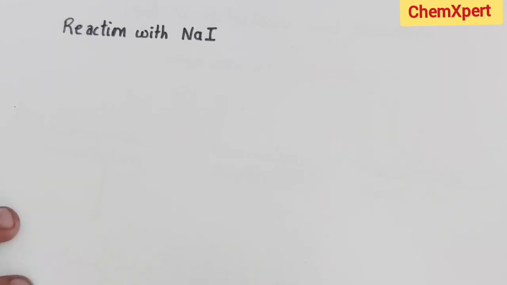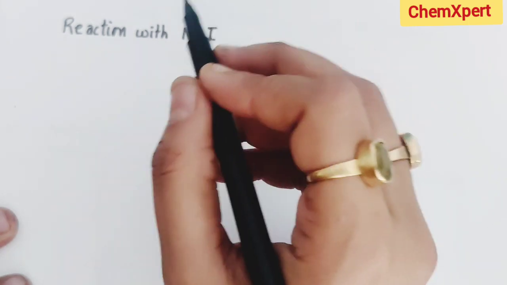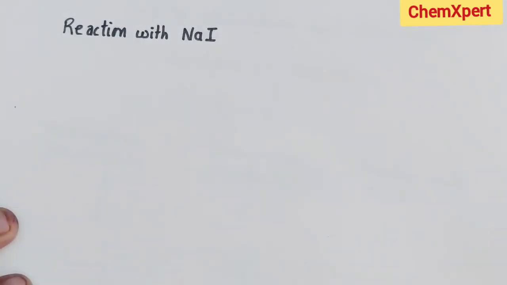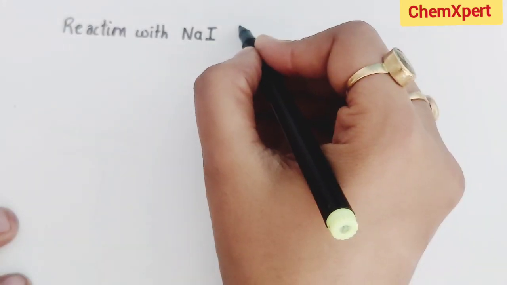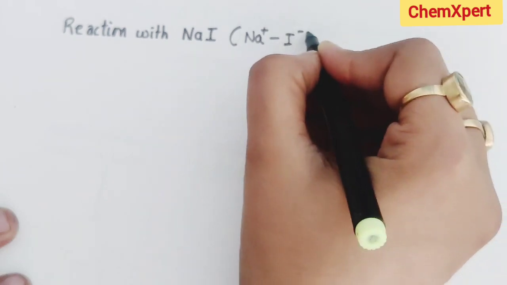Now next is reaction with NaI. I have already done this topic in the preparation of haloalkane. This is a name reaction, halide exchange, which is also known as the Finkelstein reaction. So again we have to write Na plus and I minus.